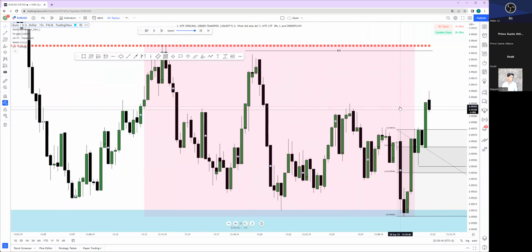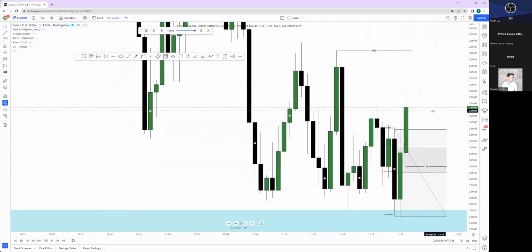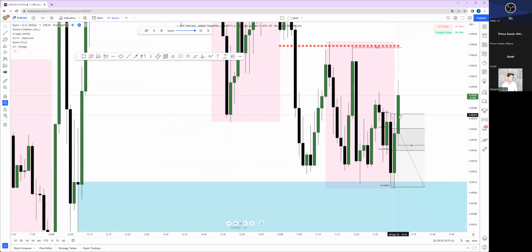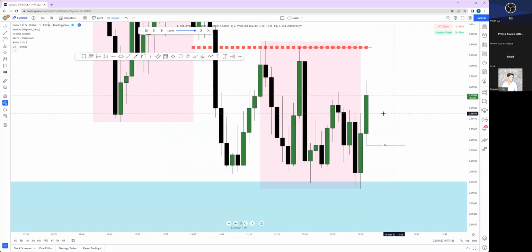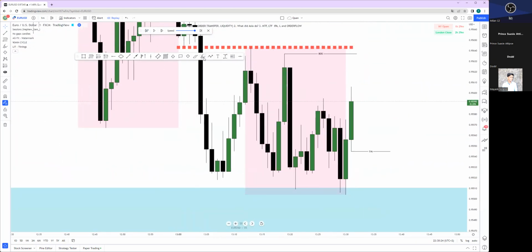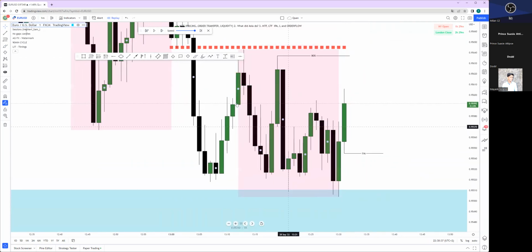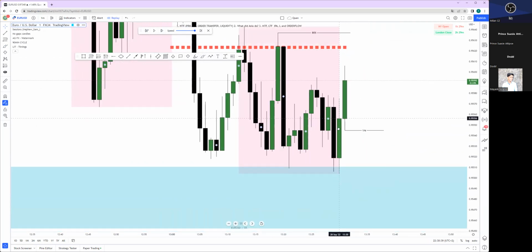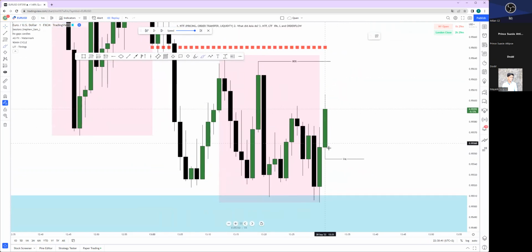Oh, okay, it is. On 1 minute, it isn't because you don't see it. You have to see that price broke this and then went here. On 1 minute, it just looked like price came here and just pulled back.